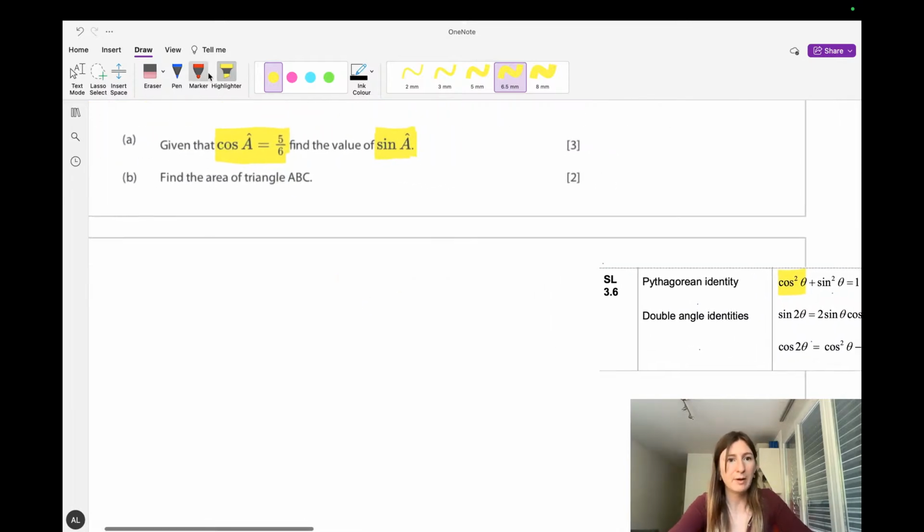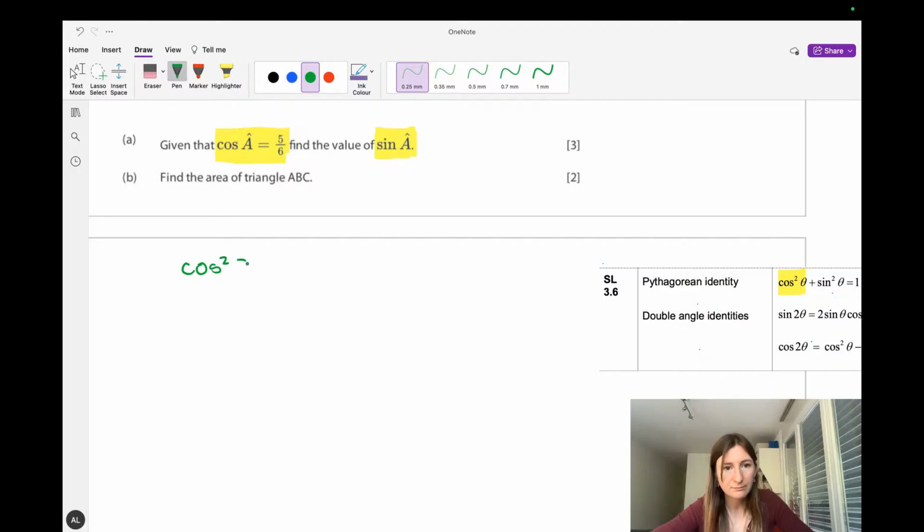So let's write that Pythagorean identity in, let's do it in green. Green seems to be my chosen color for formulas today. Cos squared theta plus sine squared theta equals 1. And just a reminder that what this is saying is it's cos theta squared. We just put the squared there.